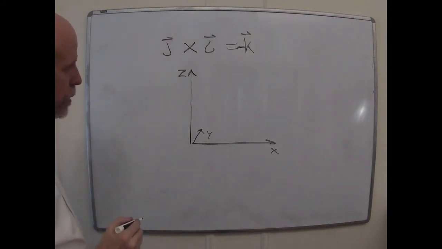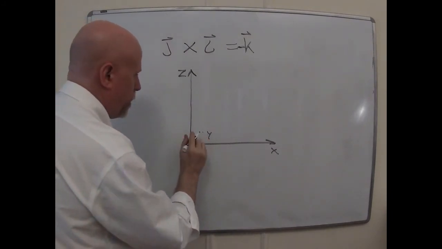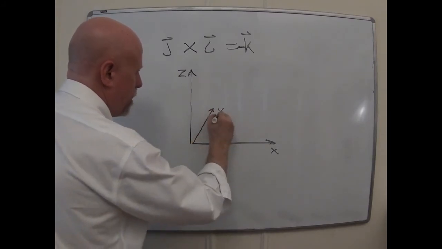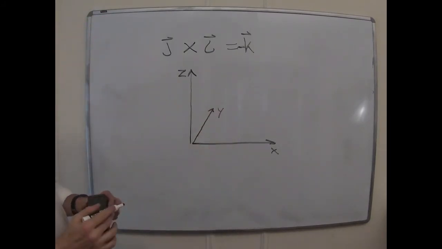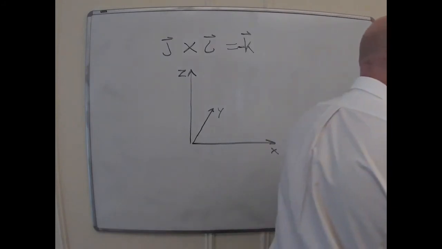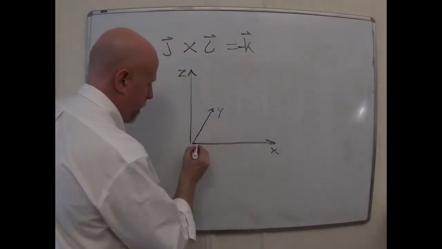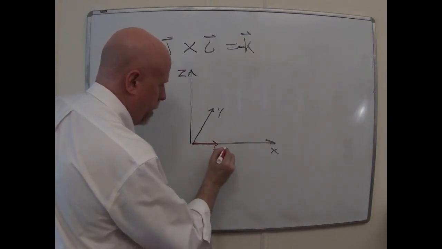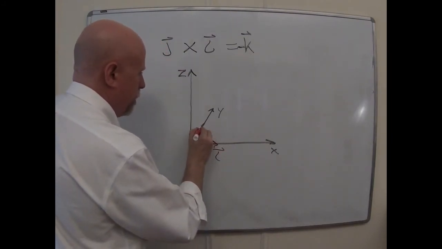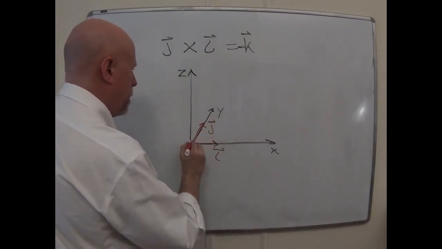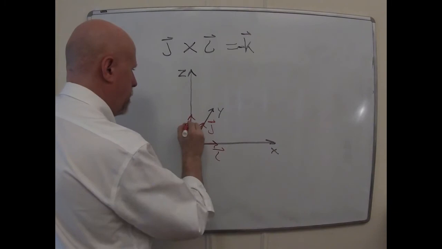These unit vectors point right along the axes. If we shift them so their tails are right at the origin, they're vectors pointing out along the axis. So for instance, here's i. This one would be j, and this one would be k.